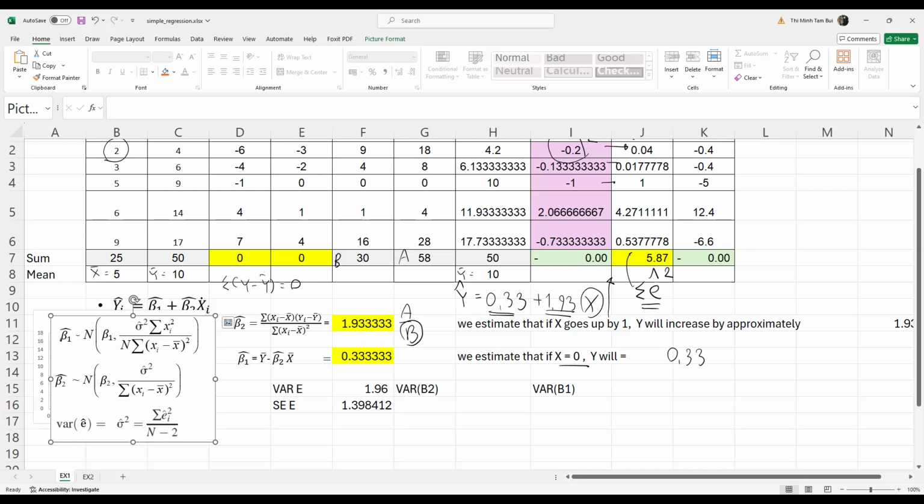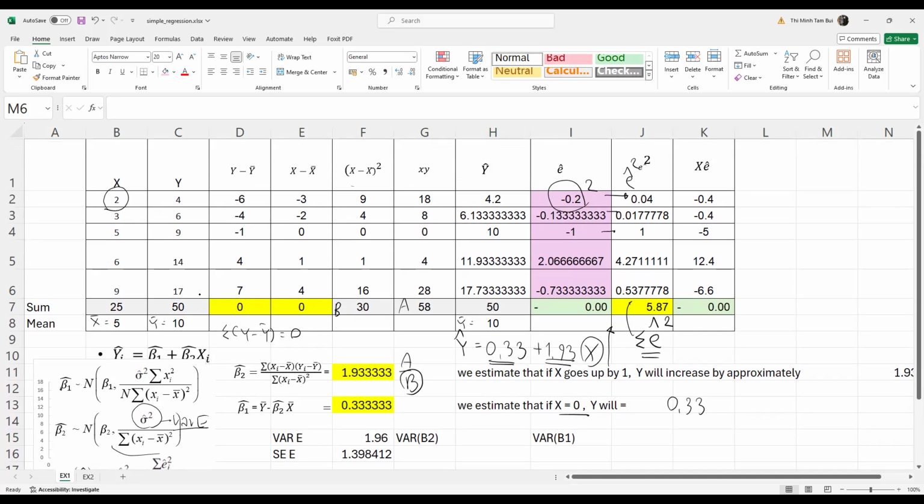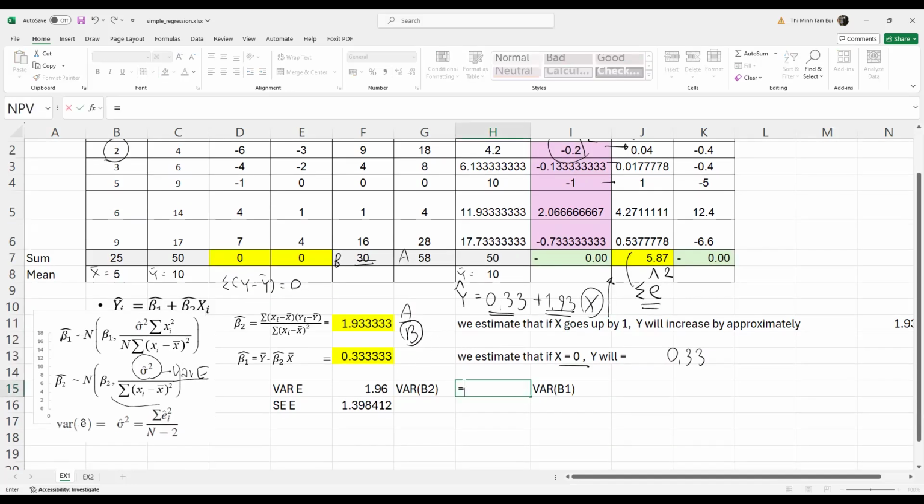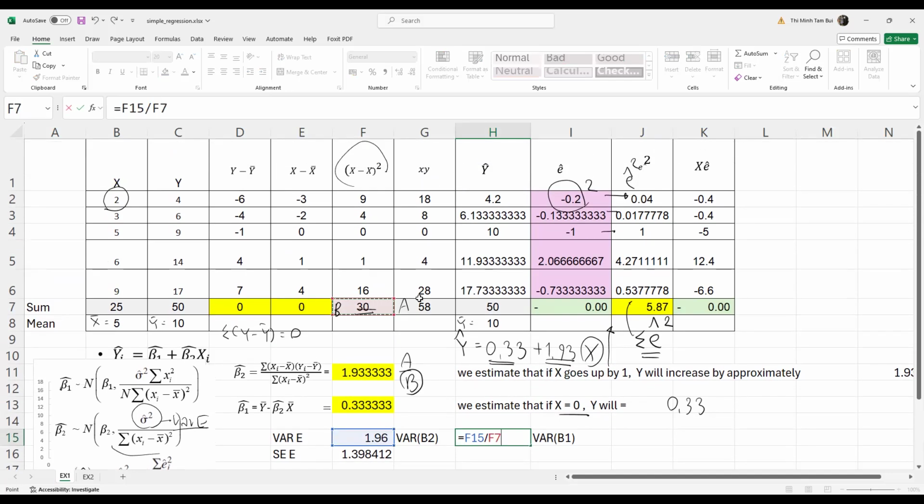So this one is variance error. This one we already calculated. So this one is sigma x minus x bar square. So variance beta 2 equals variance error over sigma x minus x bar square.